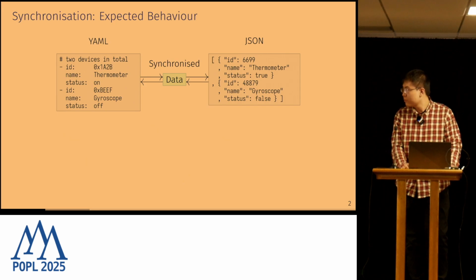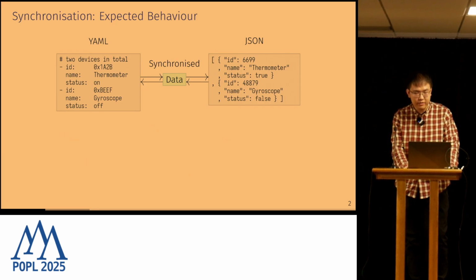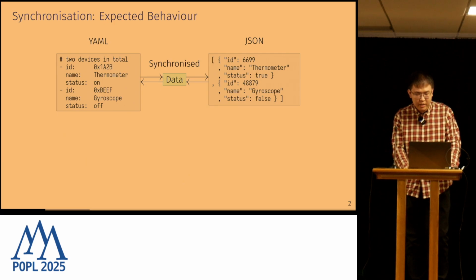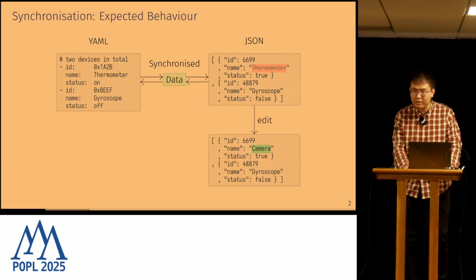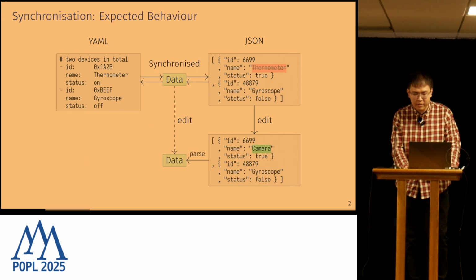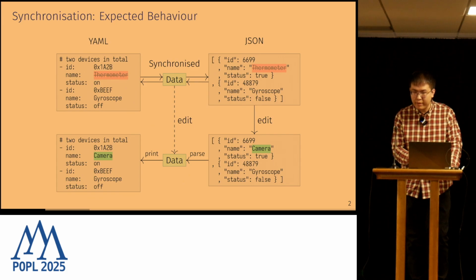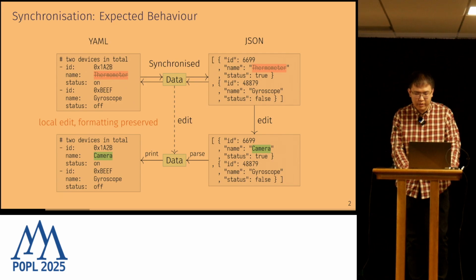If we start with a pair of synchronized data files, and we perform some edit on one of them, we expect to be able to synchronize the edit first back to the data structure, and then through the printer back to the other data file. So we actually want to achieve a local edit, and we want the formatting of the original file to be preserved as much as possible.